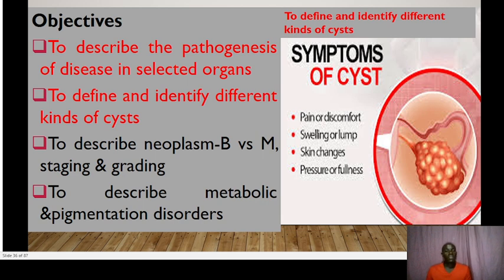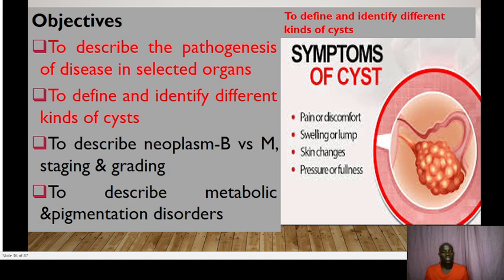So guys, in our first objective, we were able to describe the pathogenesis of the cyst in selected organs, where we were looking at the kidney, at the liver, and we saw the liver cirrhosis. And we were also able to highlight the kidney, where we looked at chronic renal failure, glomerulonephritis, and nephrotic syndrome.